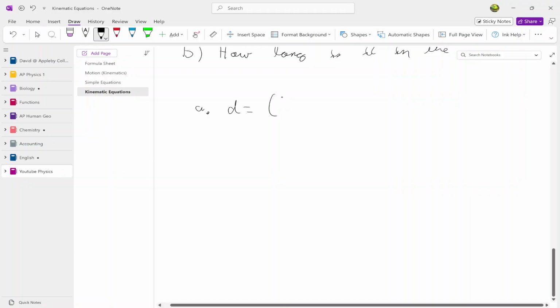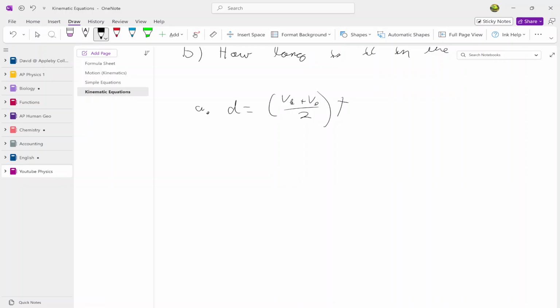d equals, what was it? Vf plus Vo divided by 2 times t. So this is in the vertical sense. I'll cover that later in our vectors lesson, but it's just simple breaking down of vectors and things like that.